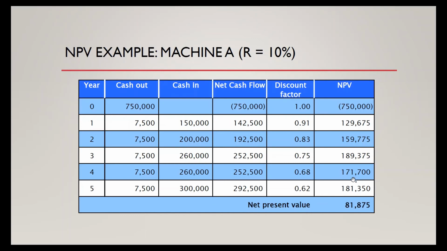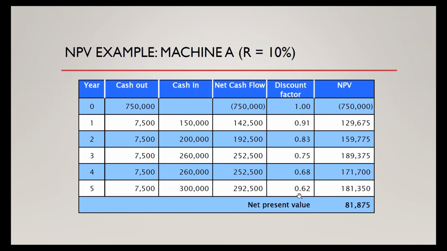And lastly, for the year 5, we have a revenue of 300,000. We have to subtract by the 7,500 marketing expenses, and this will give us a net cash flow of 292.5 thousand. And then we have to multiply this by 0.62 discount factor.